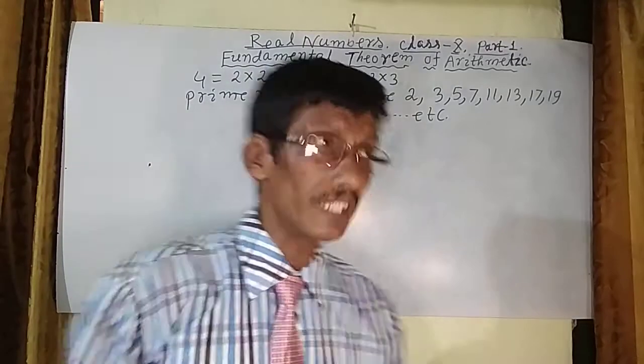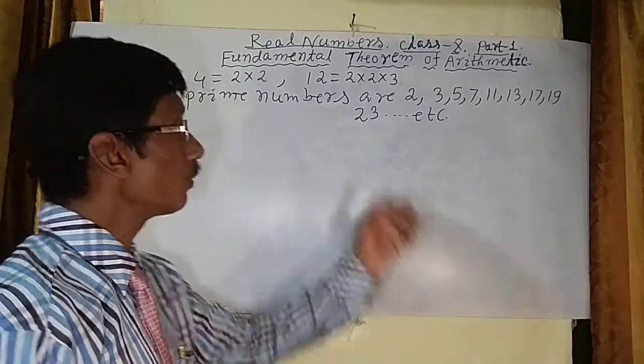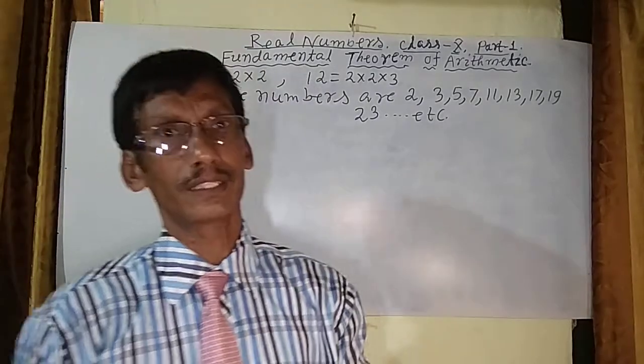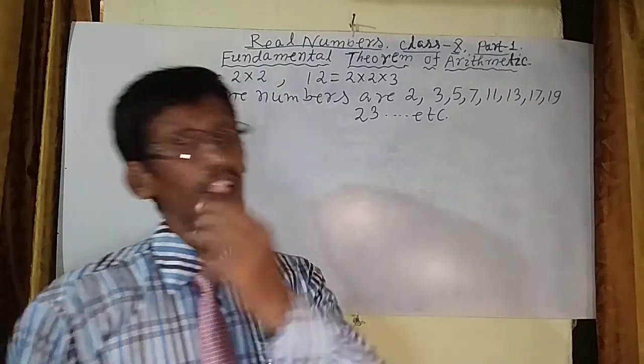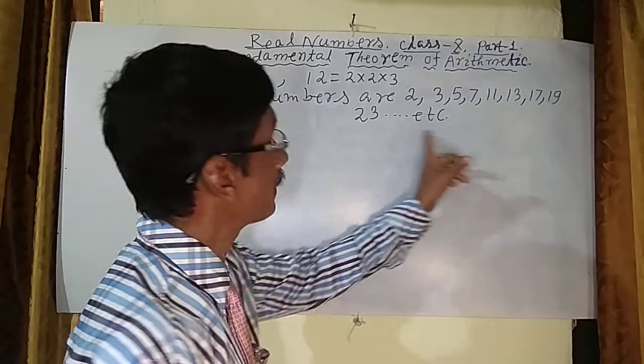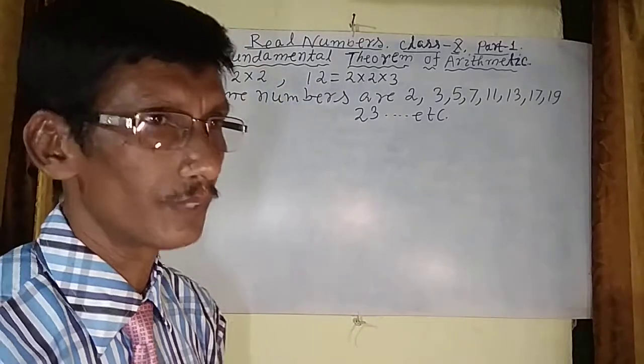So the topic is fundamental theorem of arithmetic. You can write all composite numbers as a product of prime numbers. Take an example of a composite number.